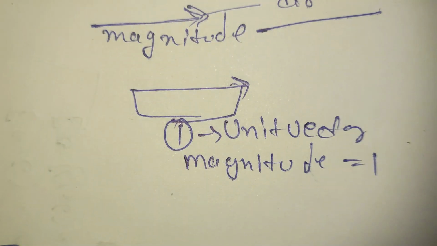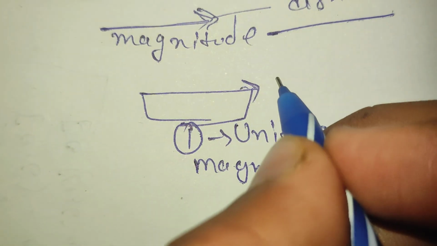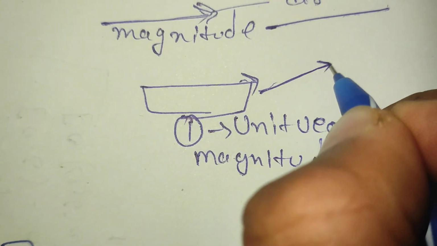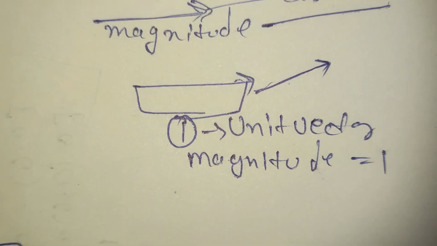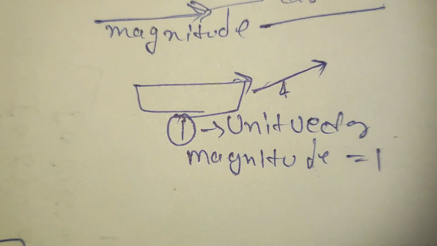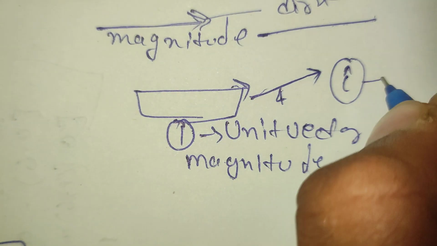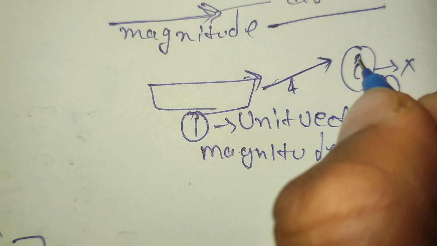So why do we need the unit vector? For example, let's say this is a random vector with no direction, and the length is 4. If i cap is a vector along the x direction and the magnitude of i cap is 1, it is a unit vector.